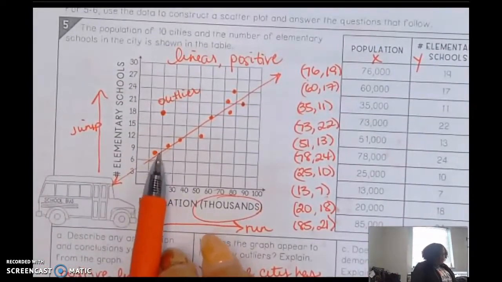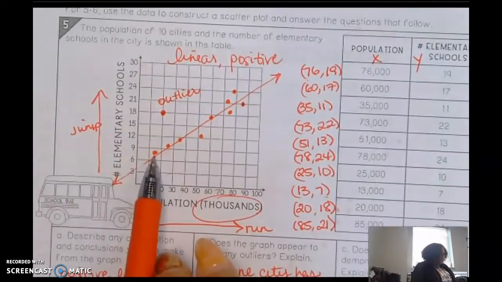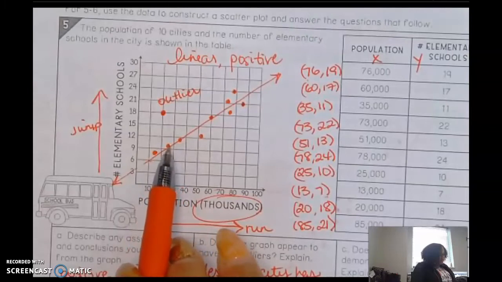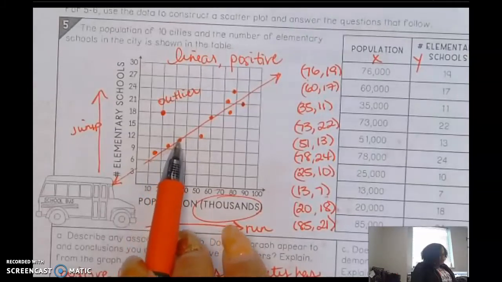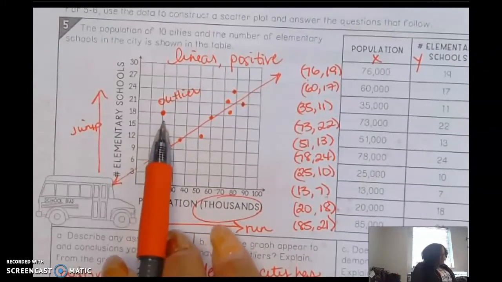Around the 20,000 people, it seems as if they need between 7 and 12-ish schools. So maybe this town is getting ready to expand.